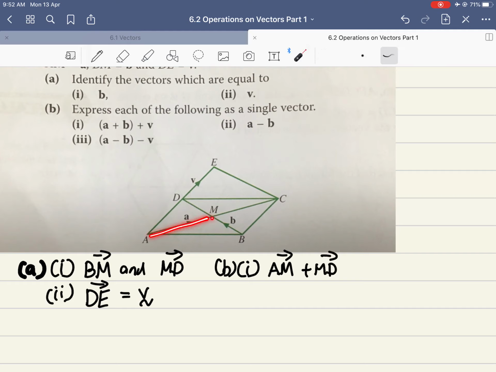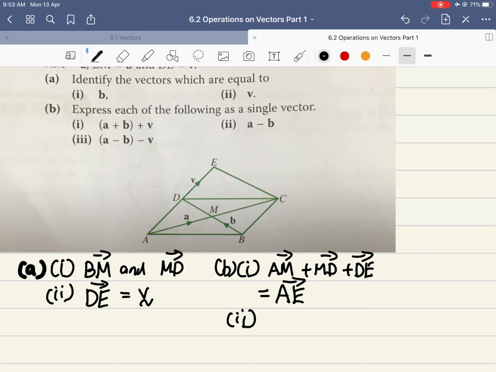If you are finding it hard to follow, that's how the vectors are moving. So I have AM plus MD plus DE. So what I'll get here is that A plus B plus V, the resultant vector itself, is equal to AE.